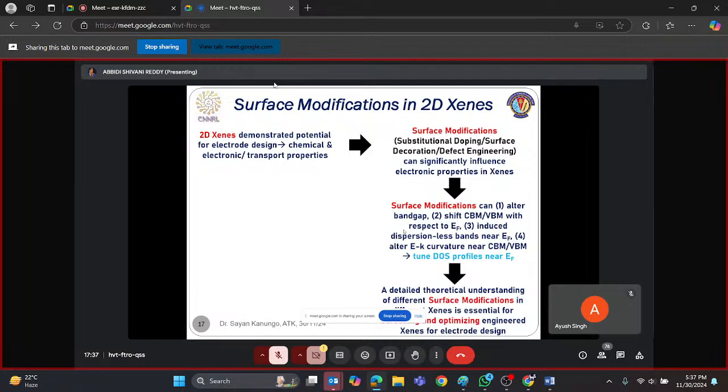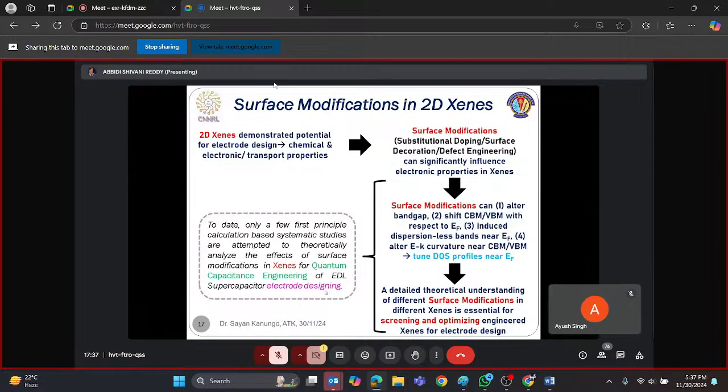For that, a detailed theoretical understanding of different surface modifications in different Xenes will not only screen the suitable Xene material for 2D electrode design, but also identify the potential material engineering strategy that will lead to a superior quantum capacitance for the material.